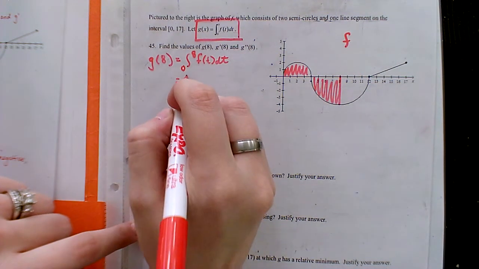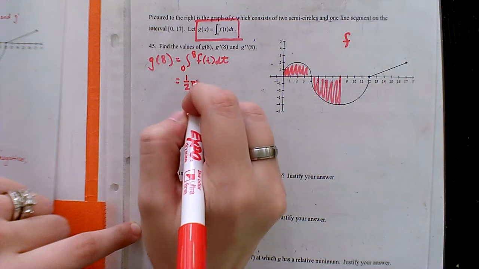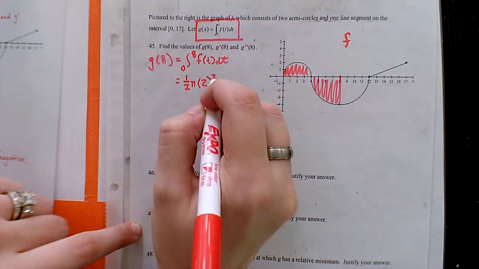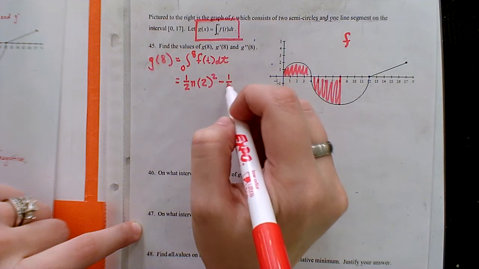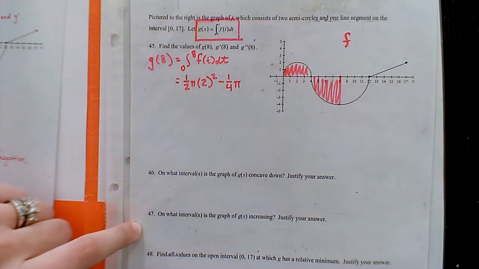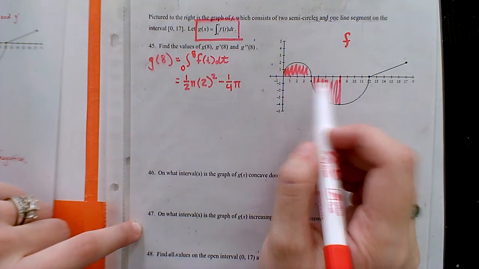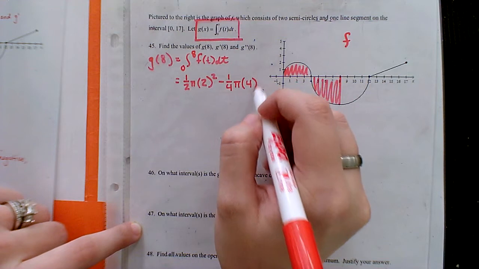Let's see, we have a semicircle with radius 2, and then a quarter circle that's underneath the x-axis, so we should subtract it, with radius 4.